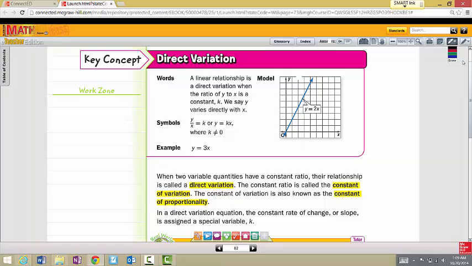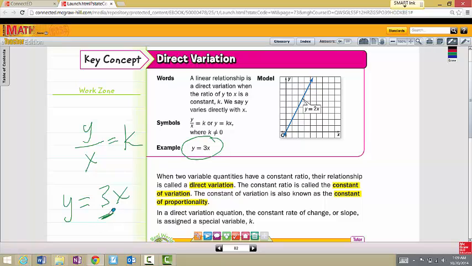Today's lesson is all about understanding that you are going to have a relationship between y over x, and it's going to equal k. Almost always these equations are going to look like this: y equals some number times x.